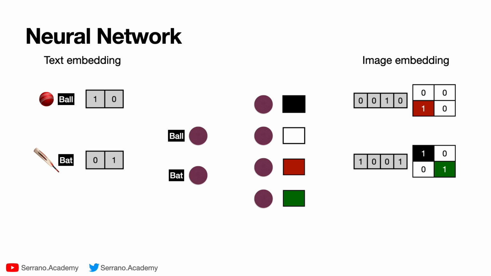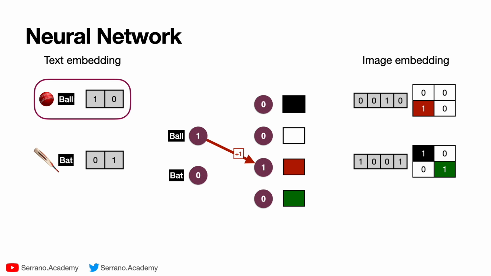Now, I want 1, 0 to go to 0, 0, 1, 0. So I need this edge to be 1. Why do I need this edge to be 1? Because when I take ball, that is a 1, 0. And if I want this 1 to pass to the right, I multiply it by the value of the edge, which is 1, and I get a 1 here. And I have no edges elsewhere, they're all weight 0, so everything else becomes 0.